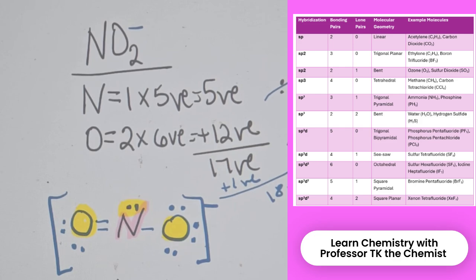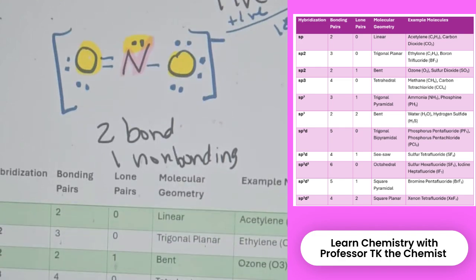So 2 bonds and 1 non-bonding tells us this shape down here. Let's figure it out. It would be bent. So Mink, to answer your question, 2 bonds, 1 lone pair of electrons, aka non-bonding, tells us that this is a bent shape.